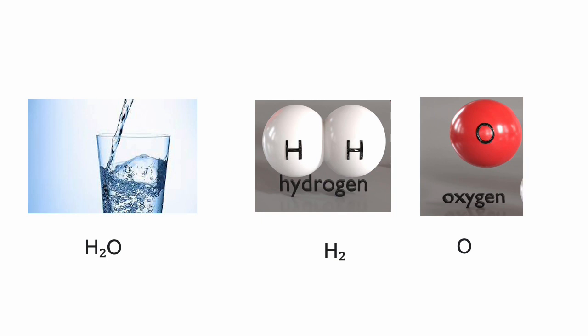Over time, we can collect that hydrogen and oxygen, and you can use them to power other things like cars or making rockets go zoom. So next time you drink water, think about all the amazing things that are happening inside that glass.